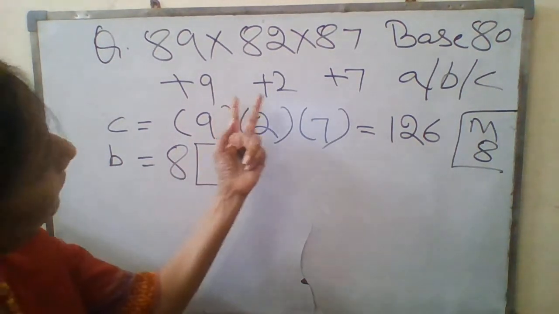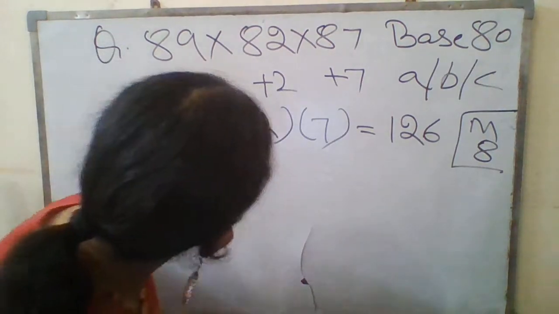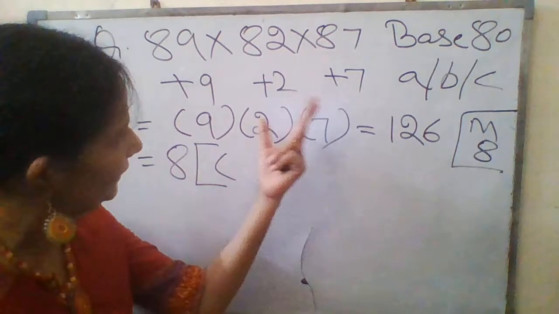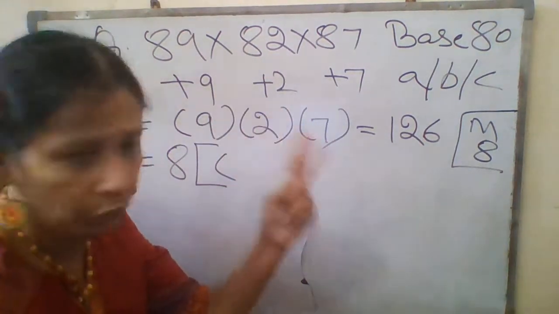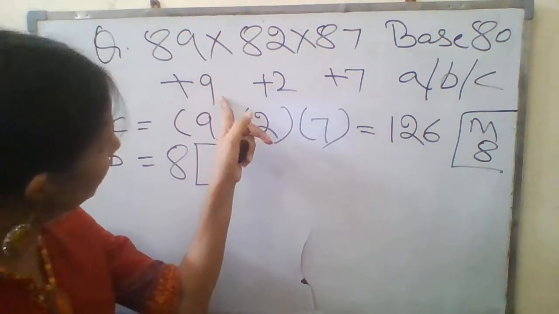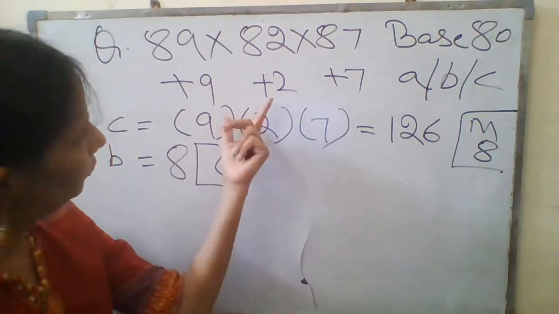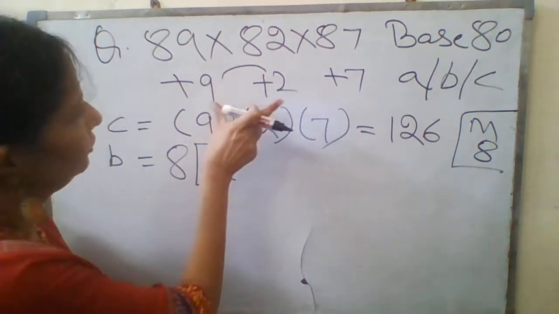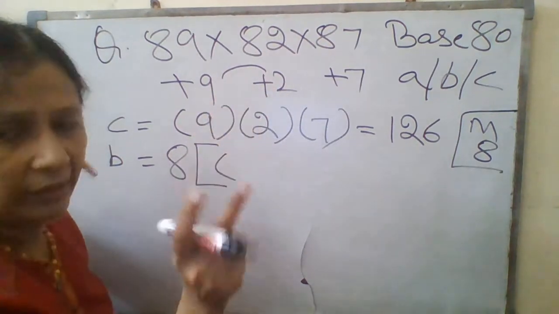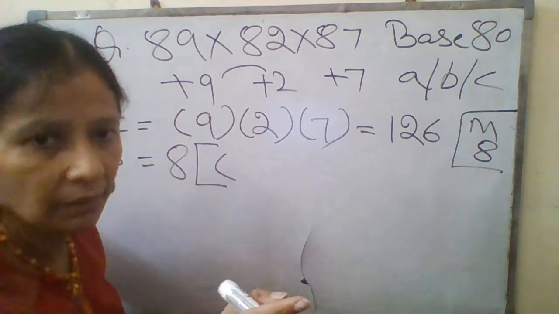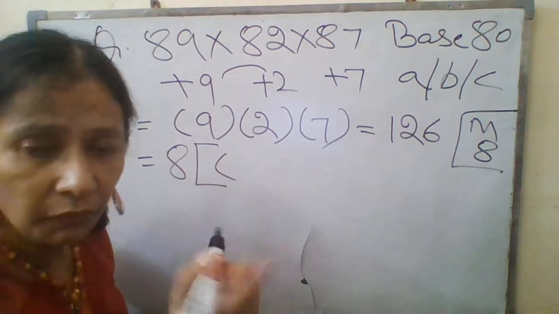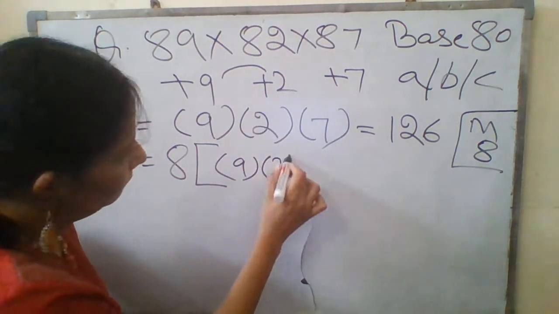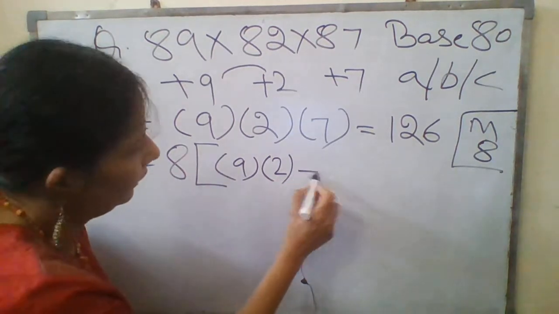Now you look at these excess values. You have to multiply all these excess values in pairs of 2. Take these first two terms. I told you you have to multiply in pairs of 2. So what are the first two terms? First is 9 multiply 2. Add.